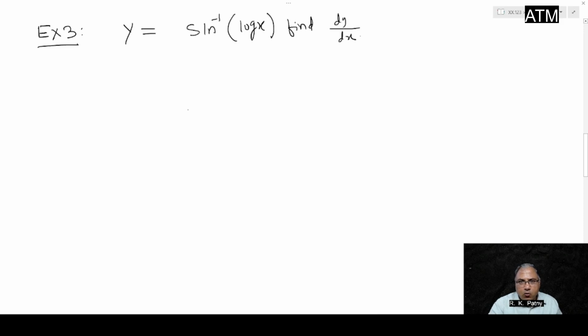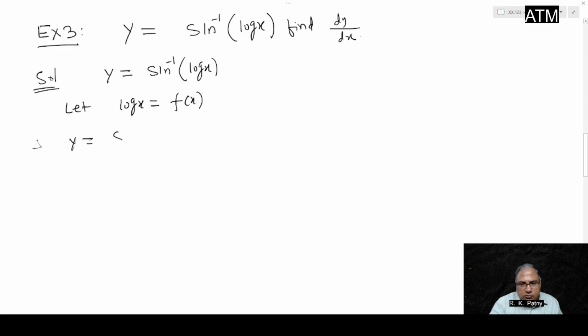Example number 3, y equals to sine inverse of log x. Find dy by dx. Solution. First of all, we write the question as it is, sine inverse of log x. After that, let log x equals to f of x. Therefore, y equals to sine inverse of f of x.